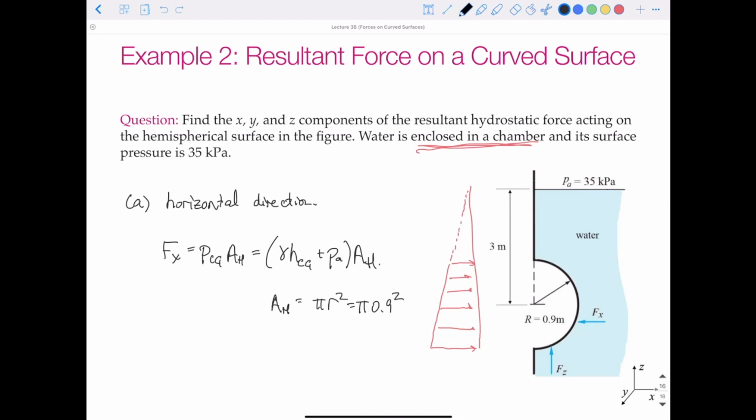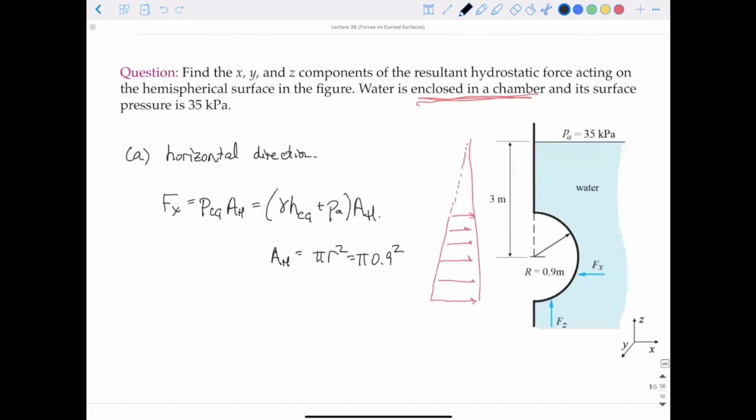Let's include that in our calculation. And the height to the center of that hemisphere is also going to be the center of gravity of that projection. So we can write it with all those terms. Hope no one gets motion sickness. So we add up all those terms.